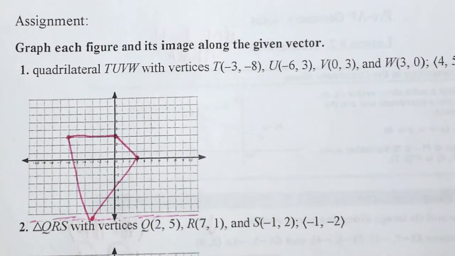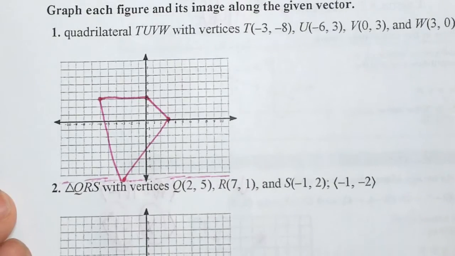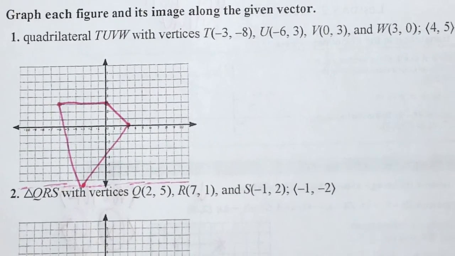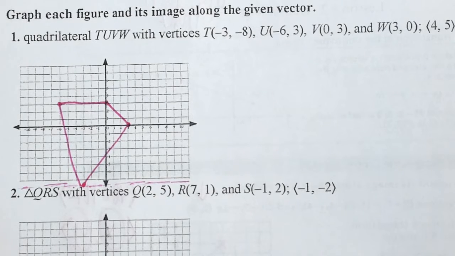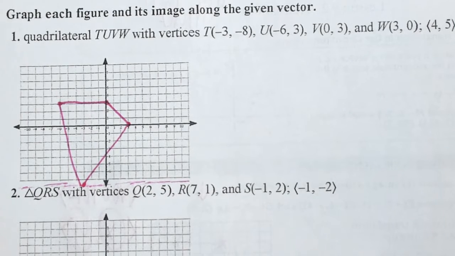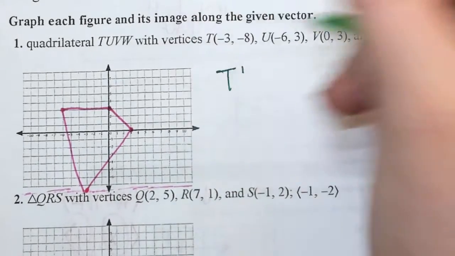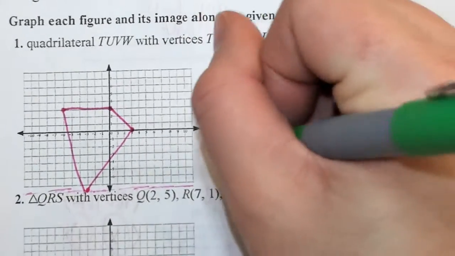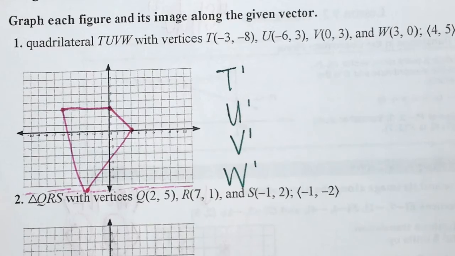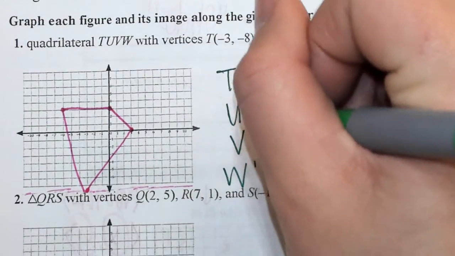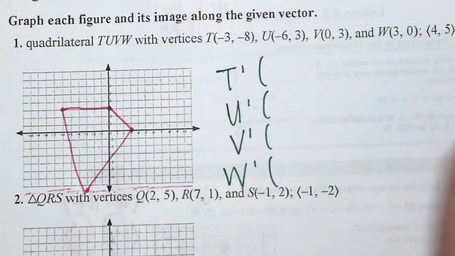Okay, it should look something like this. So now let's go find the new points. So T prime, U prime, V prime, W prime. I would go through and find all your X's, find all your Y's.